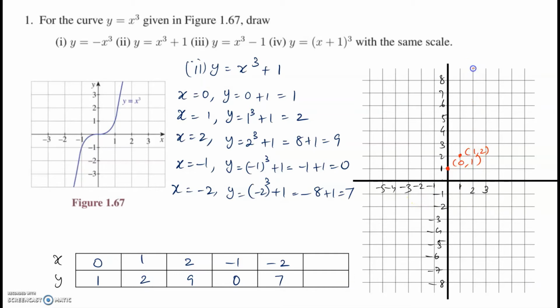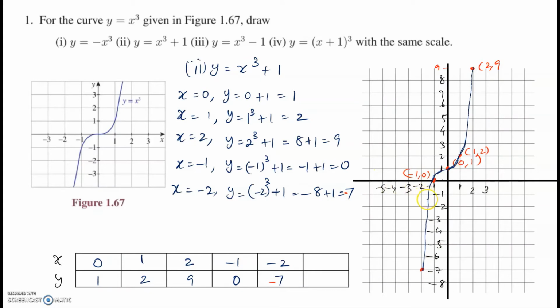So this is 2 and 9. Then you have minus 1 and 0. So this is minus 1 and 0. Then when x is minus 2, it is minus 7. So this is minus 7.